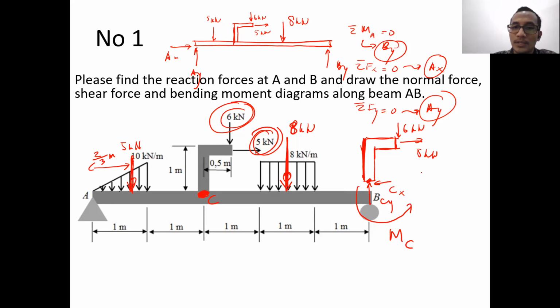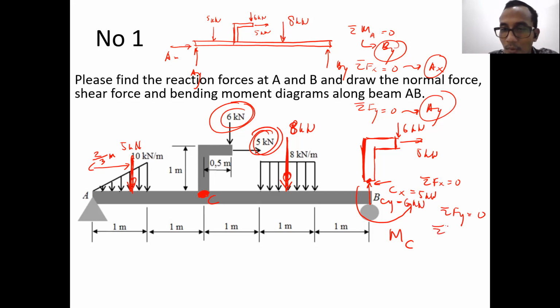Okay, using sigma Fx equal to 0, Cx will be equal to 5 kilonewton. Using sigma Fy equal to 0, Cy will be equal to 6 kilonewton.